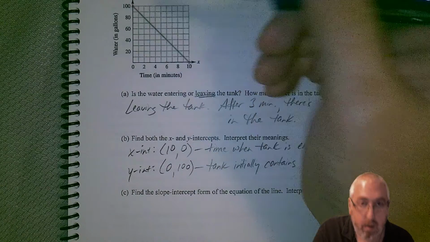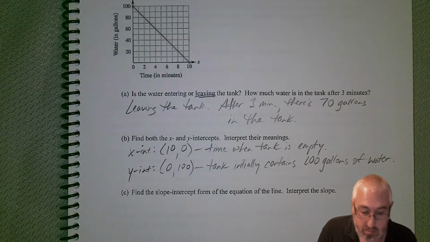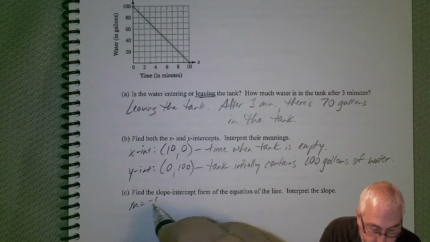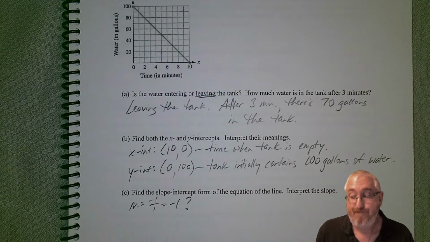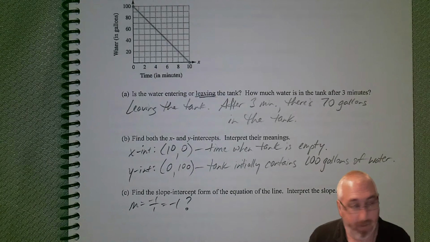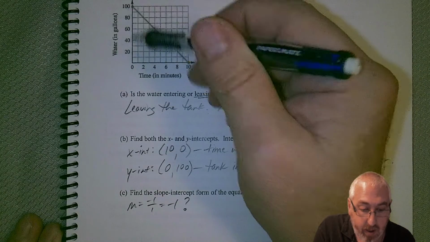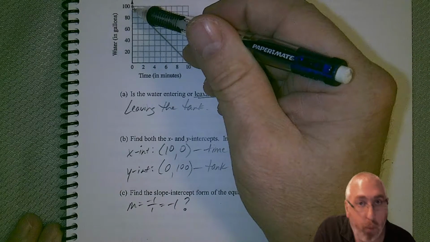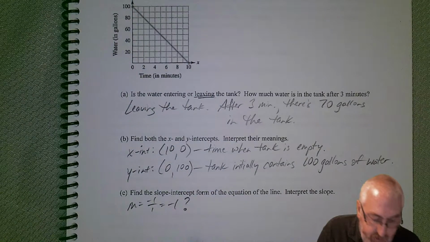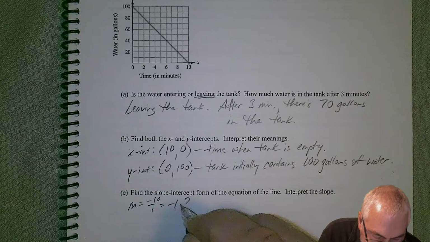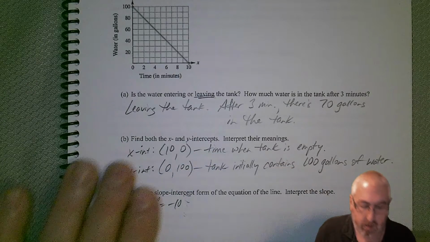So is it -1? No, you got that right, because the scales are different. Remember, the scale over here is each square is 10 units, not 1 unit. So it's going down 10 for every 1 unit over. So this needs to change subtly, and -10 would be our slope.